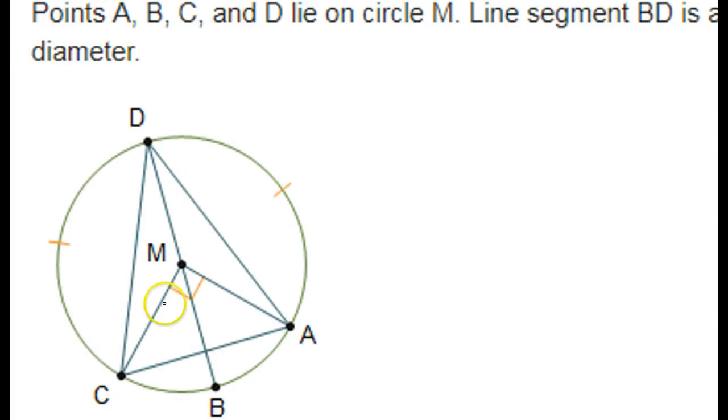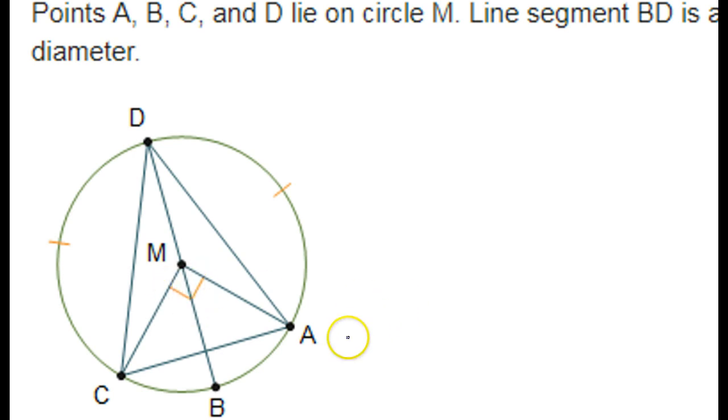Again, let's figure out whatever we can before we even look at the actual questions. The only number that they really give us is 90 degrees in this angle right here.